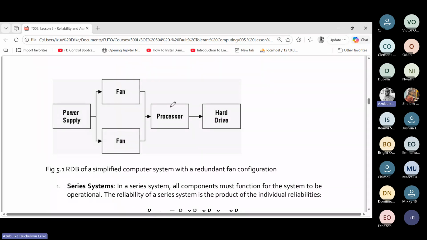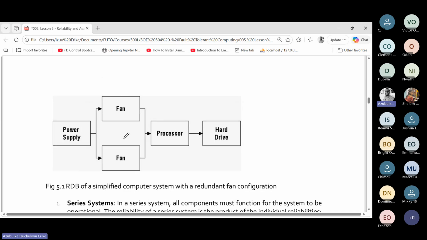Now, this one is also connected in series with this, but these fans, because they are doing the same thing, are connected in parallel. We want this to remain. Maybe if one gets destroyed, let the other ones continue functioning until we fix this one.